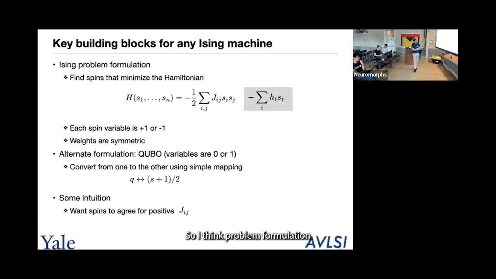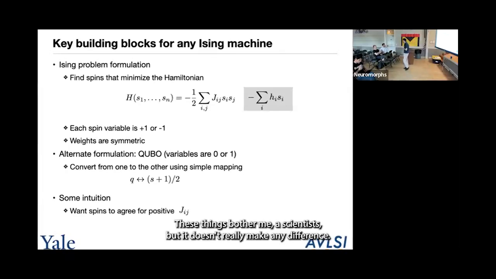So the Ising problem formulation is usually written depending on which paper you're looking at. The problem statement is simply that you're given a function. It's called the Hamiltonian because all of this stuff borrows from Ising spin glasses in physics, right? You've got spin variables S1 through Sn, and why is that a -half when I'm doing a minimization?